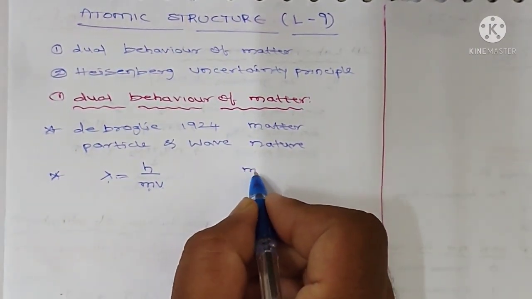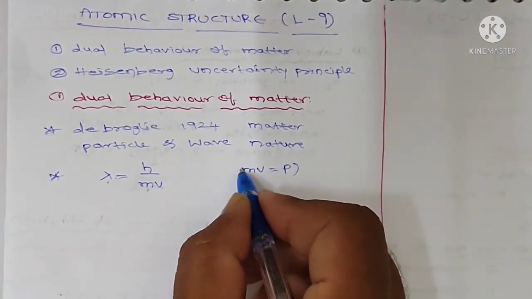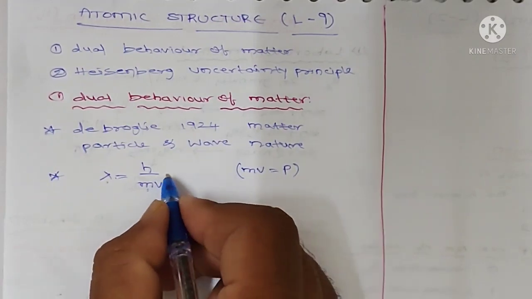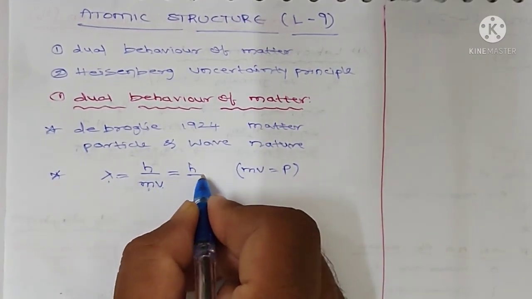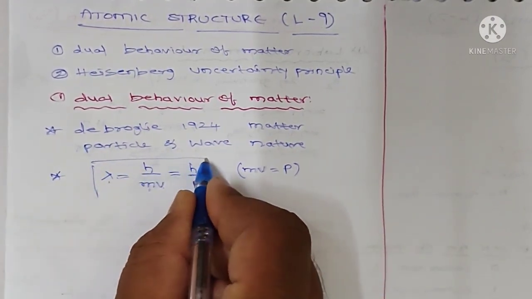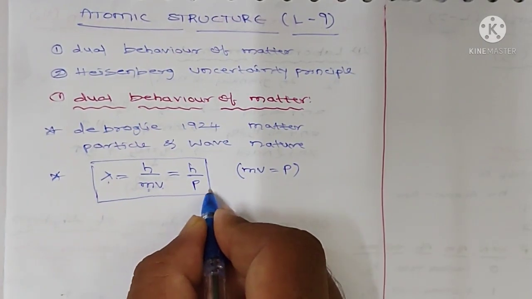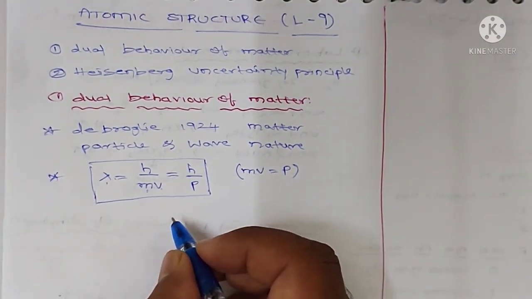So mass into velocity is equal to momentum. So we can write h by p. So lambda is equal to h by p. This is the de Broglie formula.